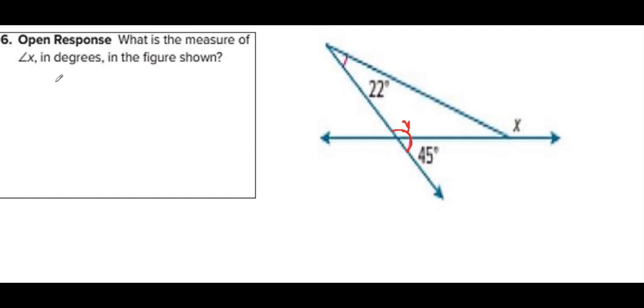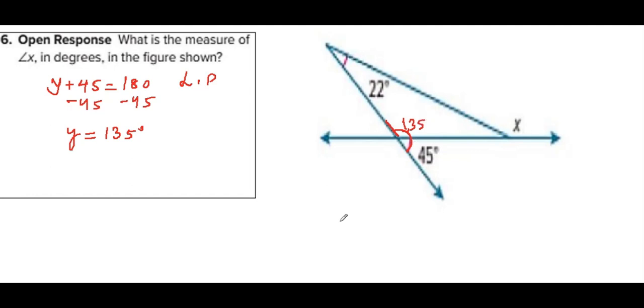So y plus 45 is 180 degrees, minus 45 here, minus 45 here. So y is equal to 135 degrees. I used the method of linear pair. They are making a straight angle. So the value of y is 135.